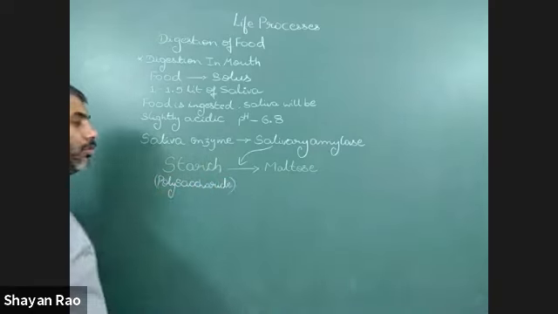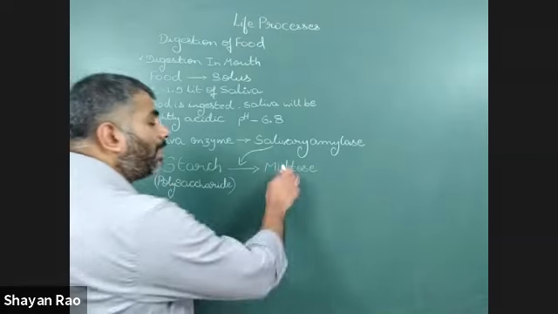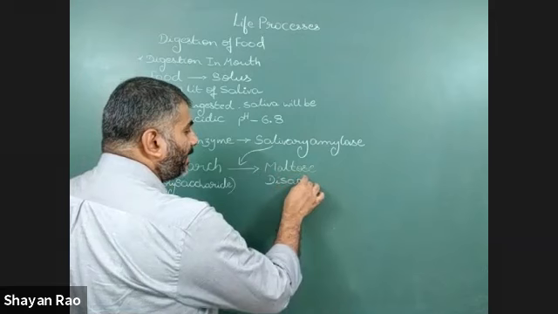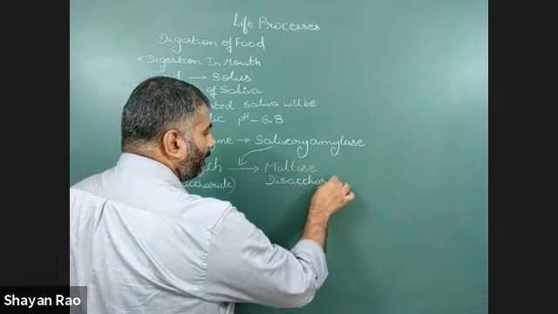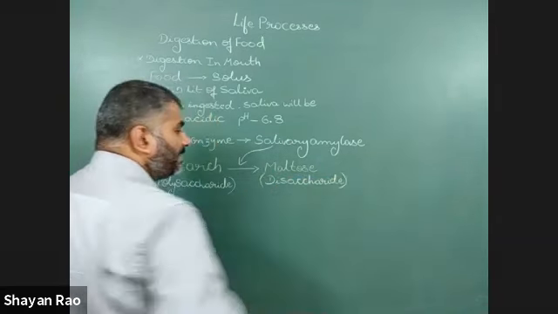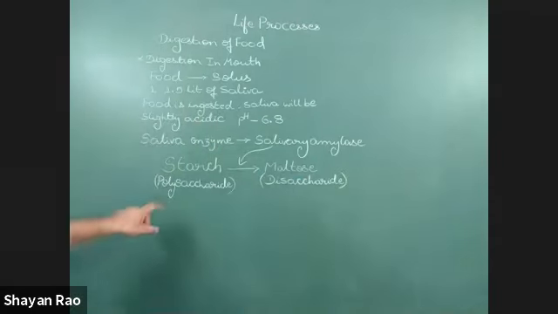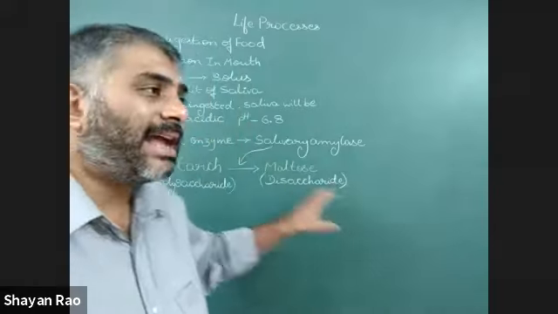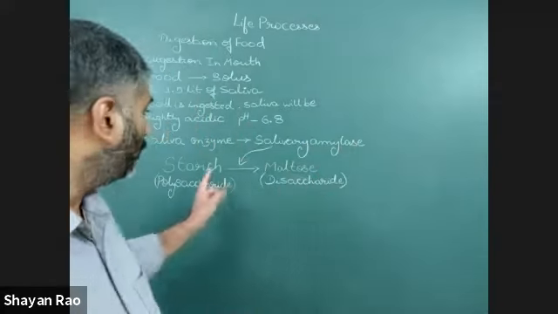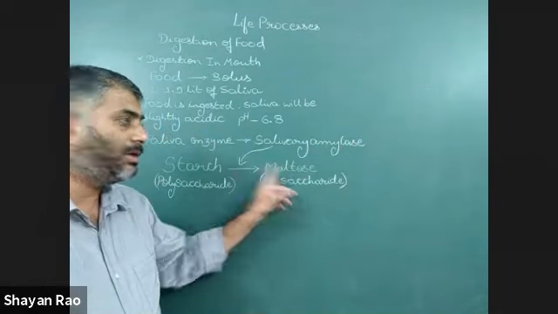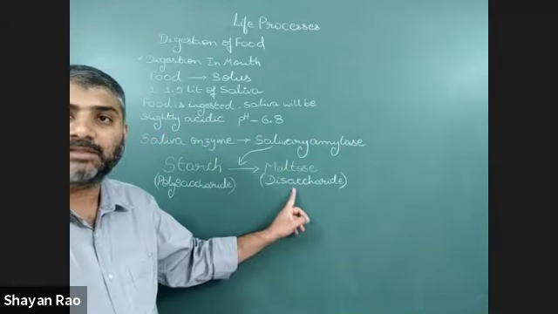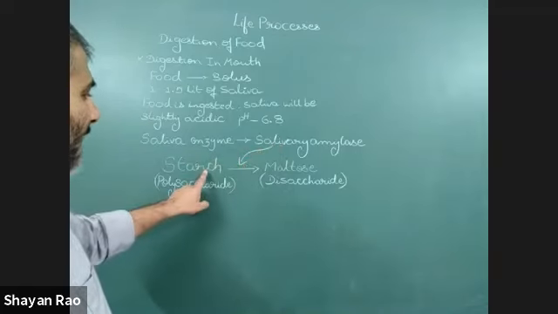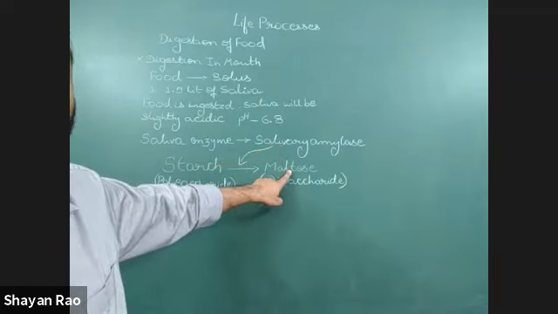Maltose is a disaccharide. A polysaccharide is a complex food molecule, and a disaccharide is a simpler food molecule. So polysaccharide is converted into disaccharide by salivary amylase acting on starch, converting it into maltose.